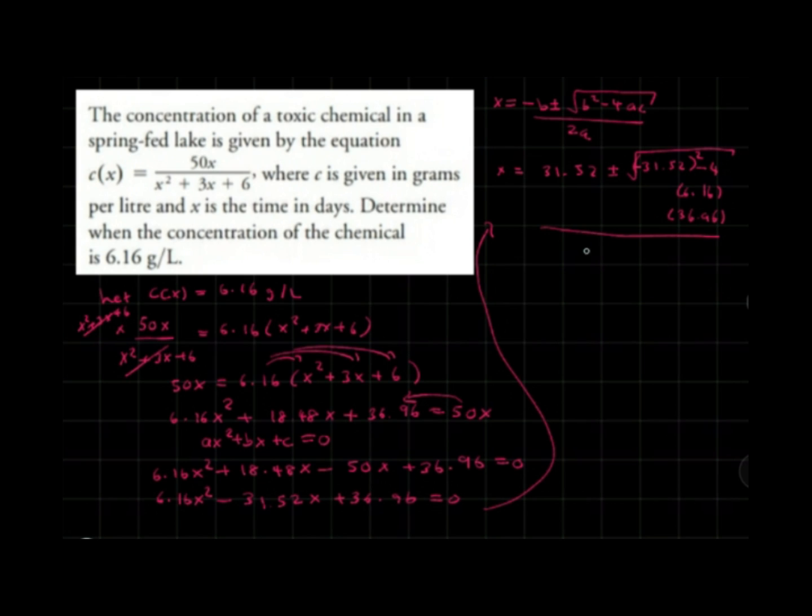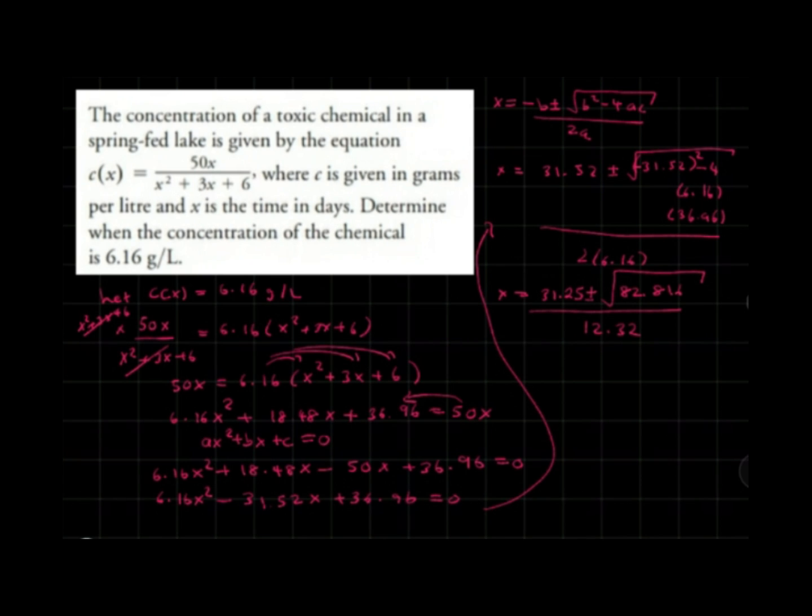I'm going to divide this whole thing by 2 times a, which is 2 times 6.16. Okay, so if I clean this up, x is equal to 31.25 plus or minus the square root of 82.816, over 2 times 6.16, which is 12.32.